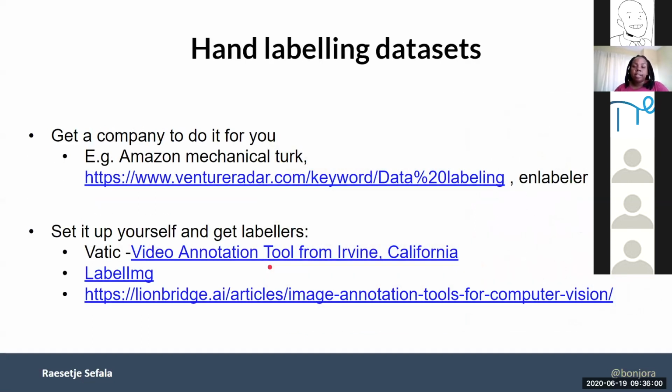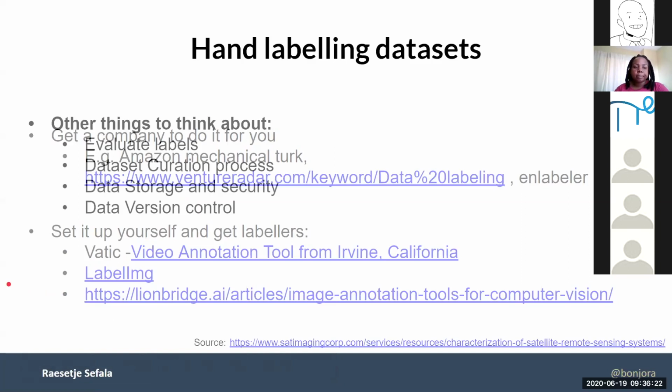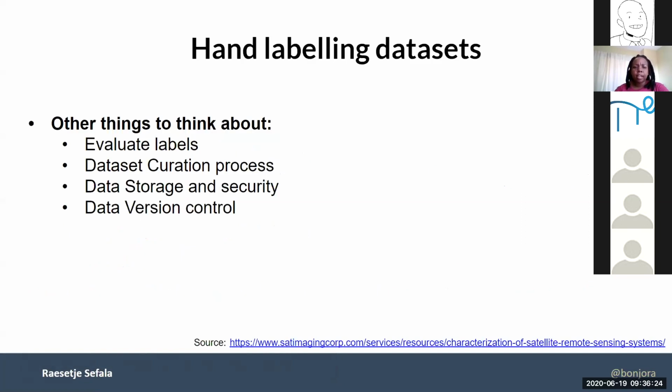More on hand labeling. You might find companies to do it for you if you have money for it. Otherwise, you can set it up yourself and find volunteers to help you do it. So I think these slides will be made public. So these are some of the links to finding labelers or doing it yourself.